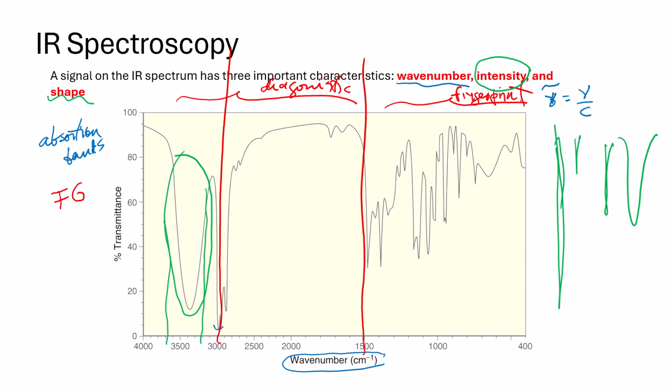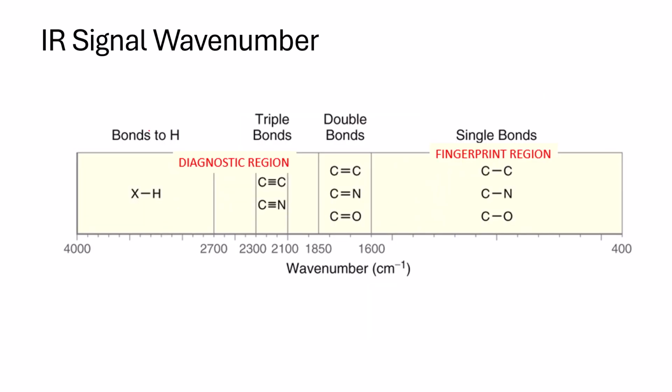Okay, so you divide your spectrum in these regions, and we're going to be talking about 1500. And in this diagram, we see again the scale of wave number, and this is where I did my line at 1500, and then I have 3000. Above 3000, it's still the hydrogens attached in this region.